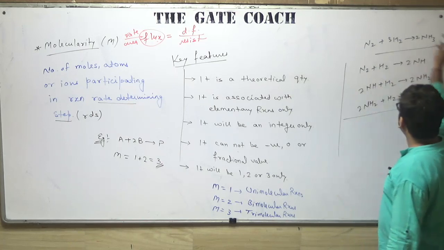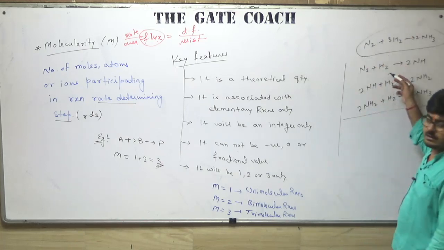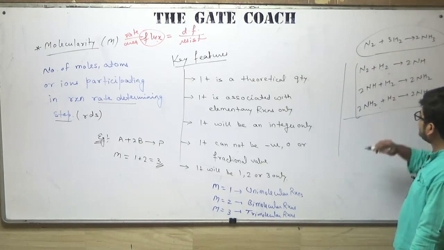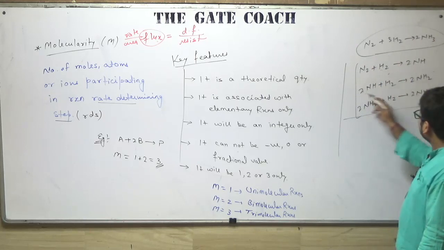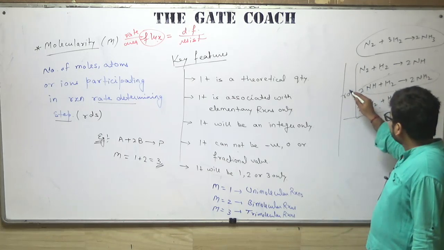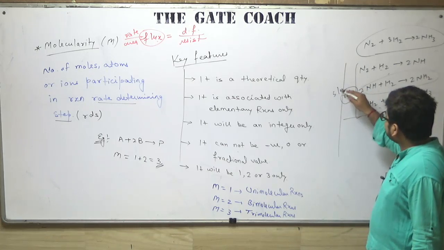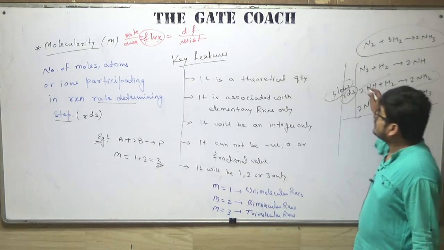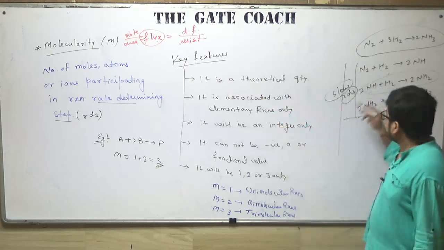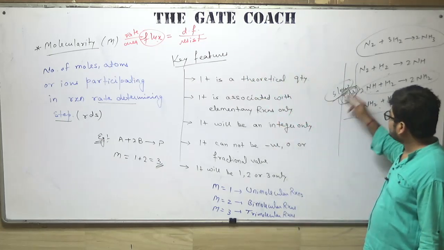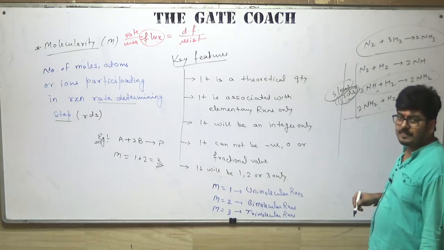So this reaction is occurring in more than one step. Out of these 3 steps, whichever step has the highest resistance, let's say this one, this is the slowest step. Slowest step means the rate is slow, and if rate is slow, the resistance will be high. So the step with the highest resistance will be the rate determining step. Okay.